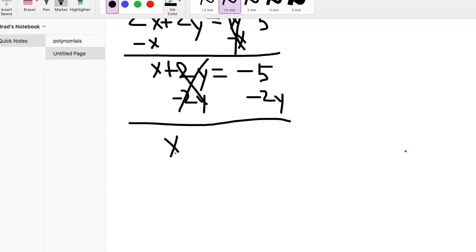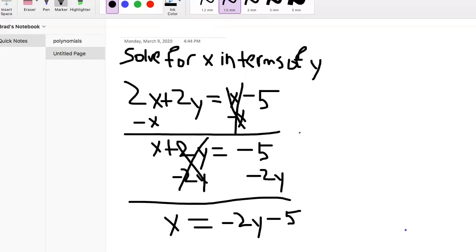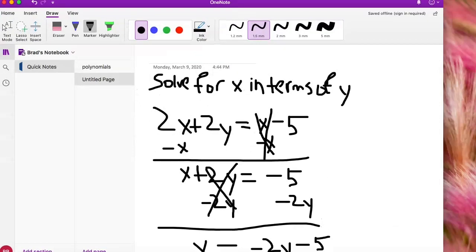So then what we're left with is x equals negative 2y minus 5. Okay, so there we solved it. We solved for x in terms of y. x equals negative 2y minus 5. Okay, so that is how we do those types of problems. Hopefully it makes perfect sense, and now you're a smarter person.